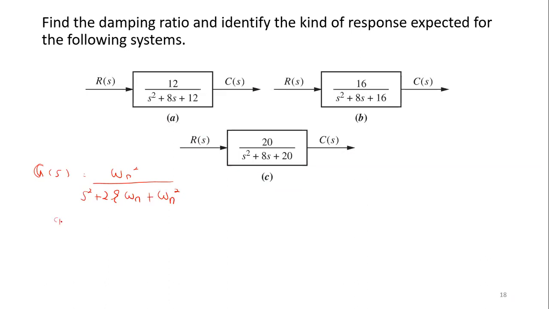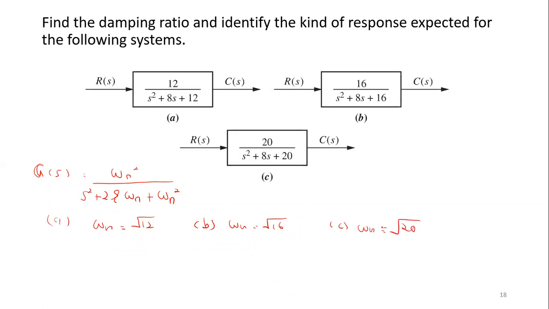For the case of A, the natural frequency will be equal to square root of 12. For B, the natural frequency will be square root of 15. And for C, the natural frequency equals square root of 10.